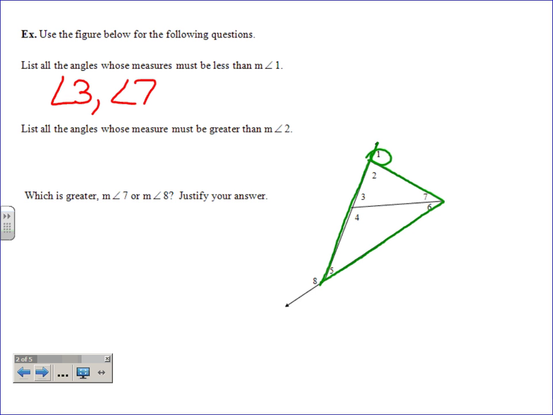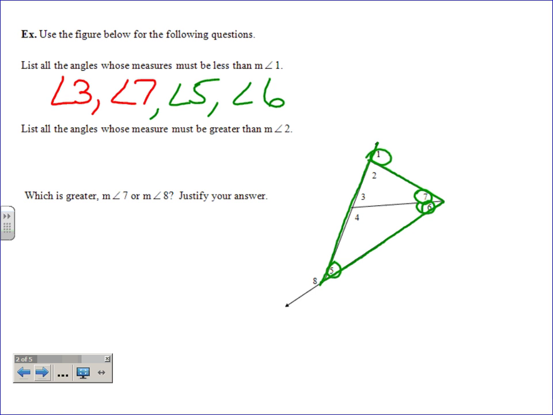And I have to add 5 and 6 and 7 together to get to 1 now, right? So if I had to add all 3 of those up to get to 1, 1 must be bigger than any of those individual. Well, we already listed 7, so we don't have to list it again. But we do know that 5 has to be smaller and 6 has to be smaller. Okay, so 5 and 6 is the correct answer.